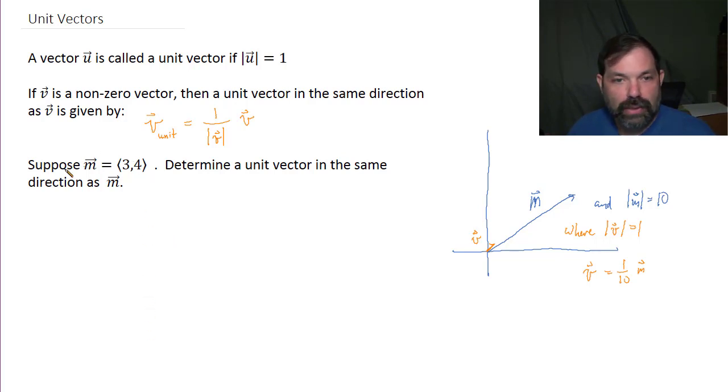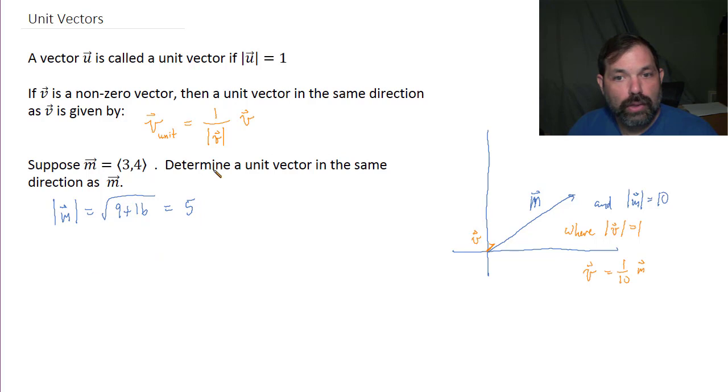So for example, let's suppose then that my new vector m is 3, 4. Determine a unit vector in the same direction as m. Alright, well, I can easily show that the magnitude of the m vector is the square root of 9 plus 16. That's the square root of 25, which is 5.